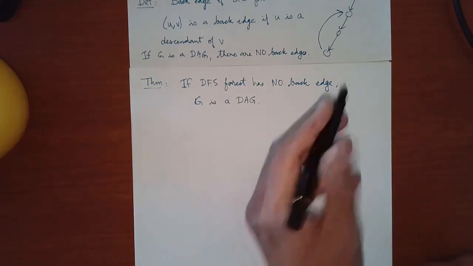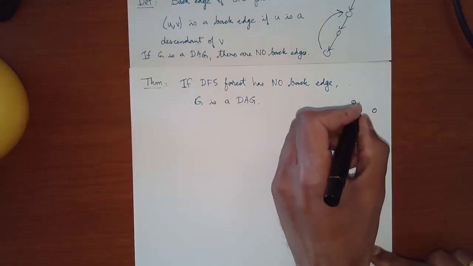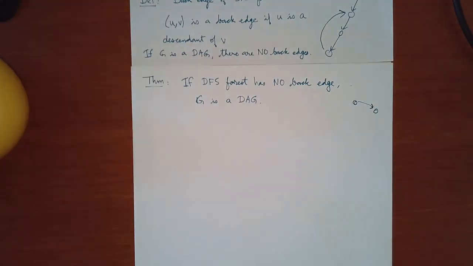Because if you have only one edge in the graph, it is a DAG. But the converse is obviously not true. If the graph is a DAG, that doesn't mean it has one edge. So these implications are different.